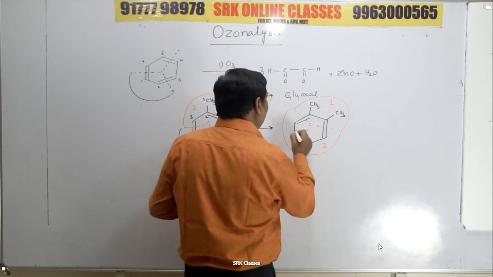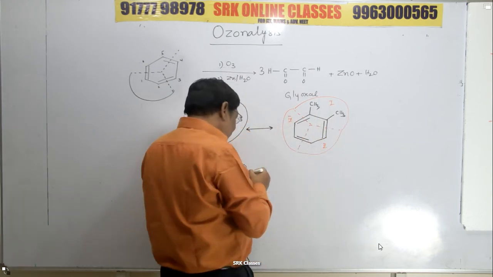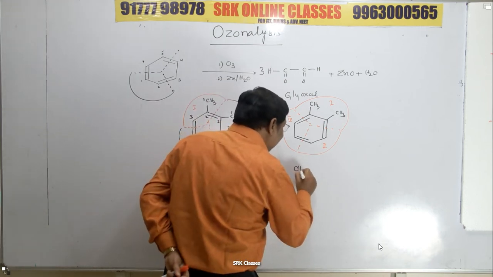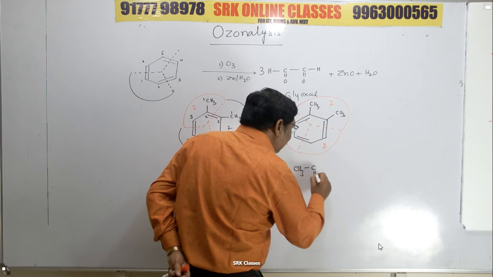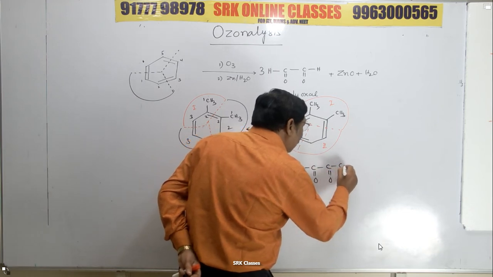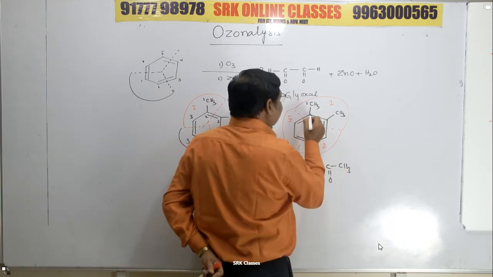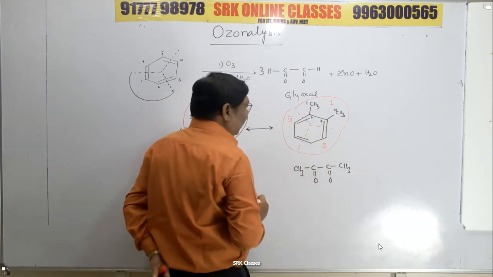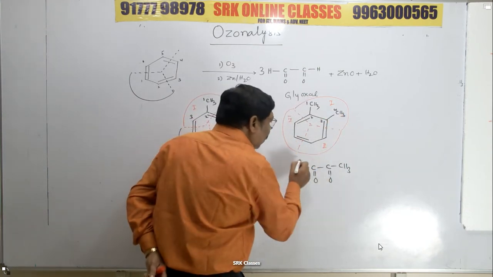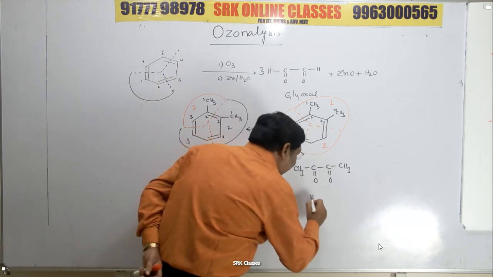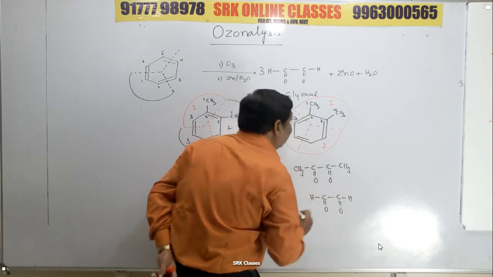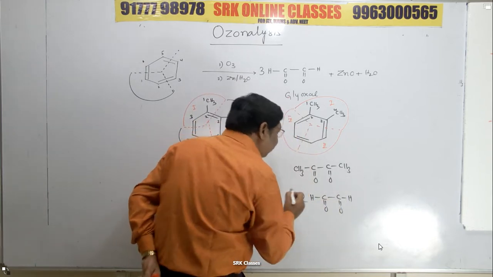I'll write all three products separately. Product 1: CH3, C double bond O, C double bond O, CH3, with first, second, third and fourth carbons, dimethyl glyoxal. Part 2 has only two carbons: H, C double bond O, C double bond O, H, glyoxal. The third one is also the same.